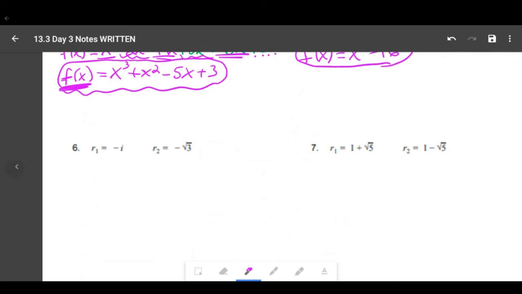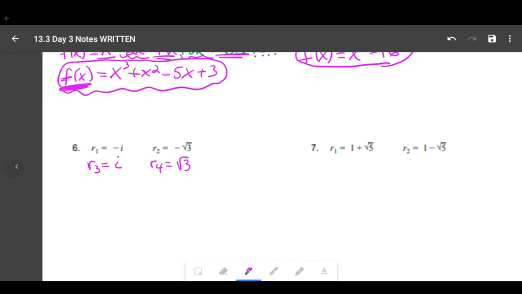So if R1 is negative i, I have another root that would be positive i, because all the imaginaries always come in pairs. Same thing over here with my 4th root. In order to get this as integer coefficients, I'm going to have to realize that if it's negative square root of 3, another root would be positive square root of 3.